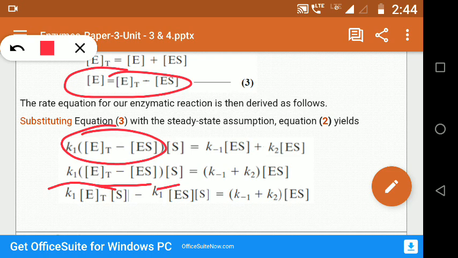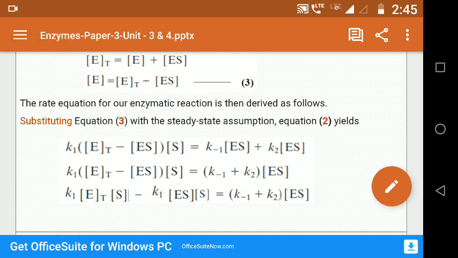Now we multiply by S, taking the S into the brackets. So we get K1 ET S minus K1 ES S equal to this one.